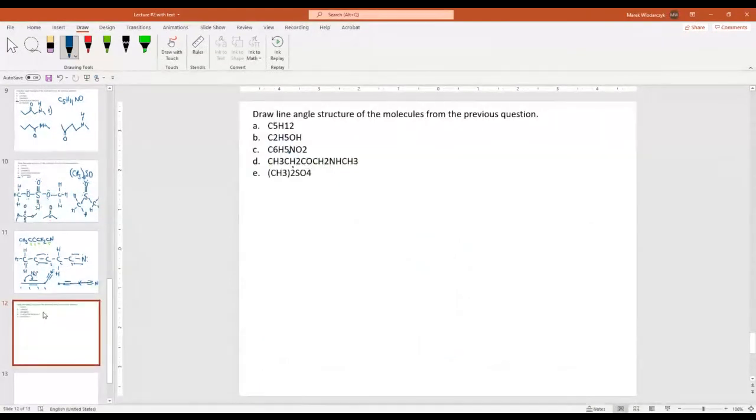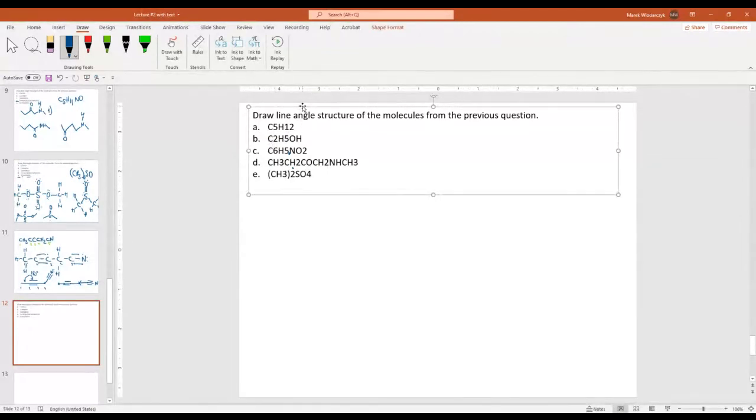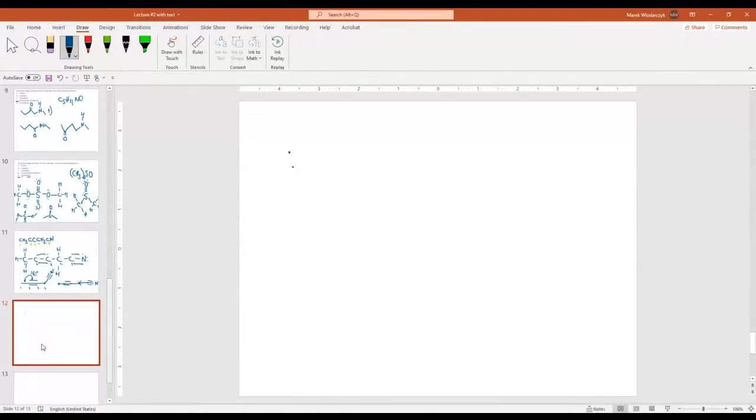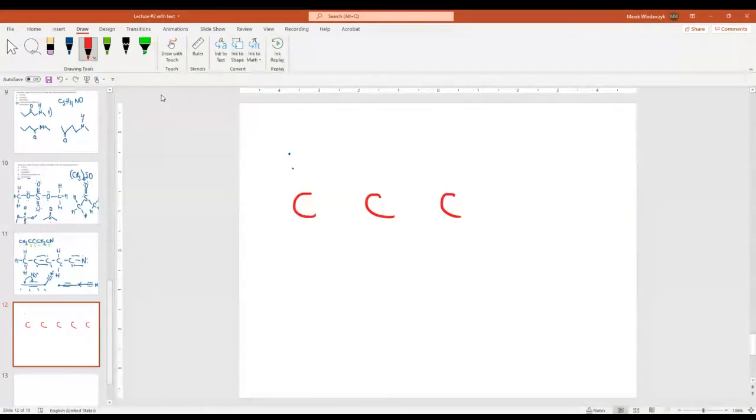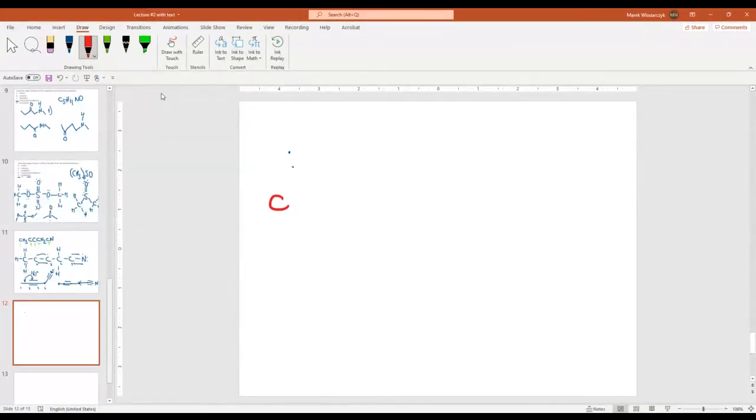So let me go back to this question again, and if you go step by step, we have a carbon, carbon, carbon, carbon, carbon, and nitrogen.